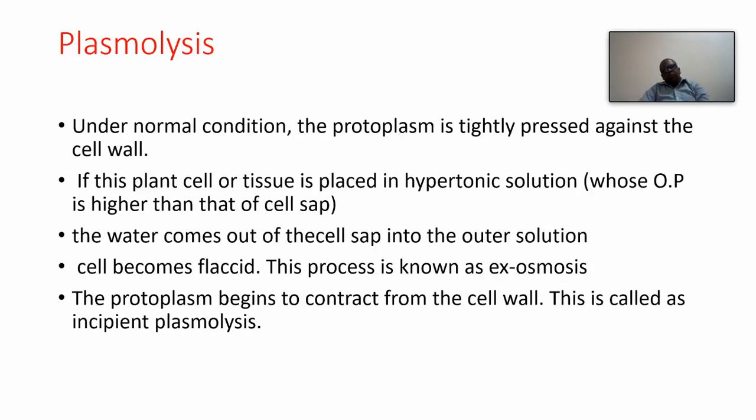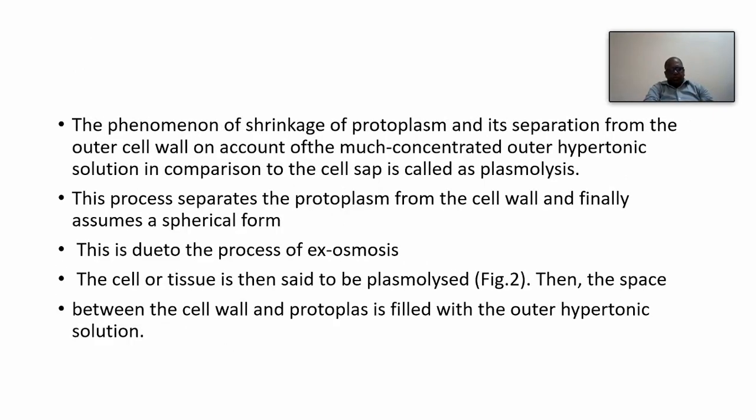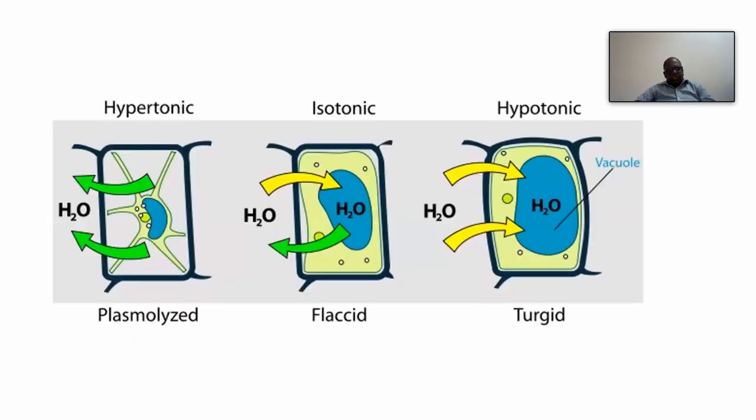Now, plasmolysis. This is the coming out of water from the tissue. The cellular water coming out from the cell is called plasmolysis. You can see this picture: hypertonic, isotonic, hypotonic.